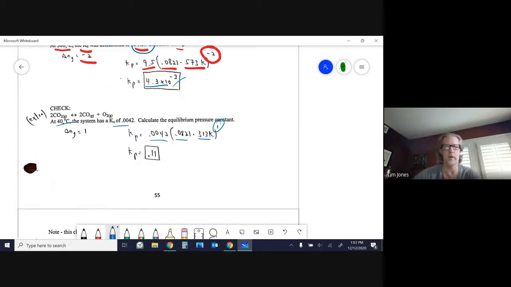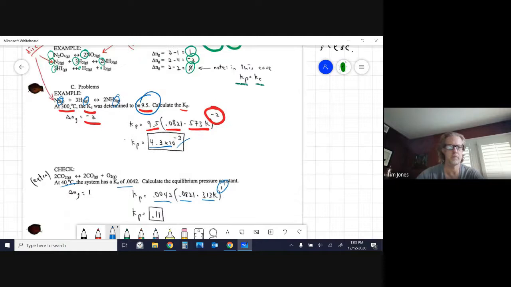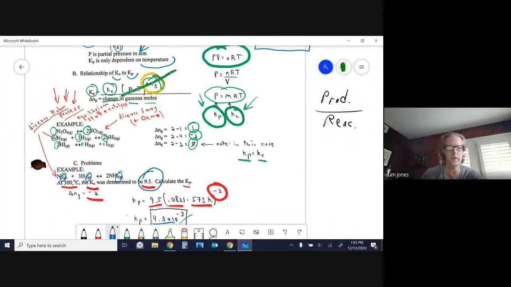And again, this equation just allows us to convert between Kp and Kc. Now, where you need to be careful is certain problems will be tricky. They'll talk about all the chemicals, and they'll talk about their concentration, the concentration of this and the concentration of that.